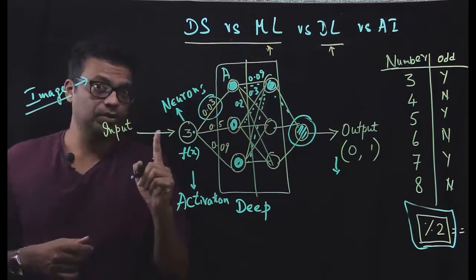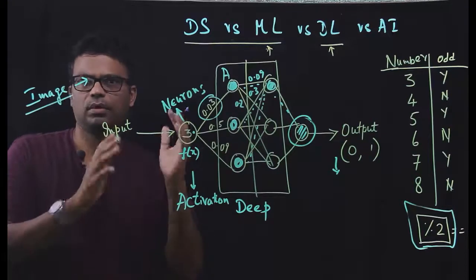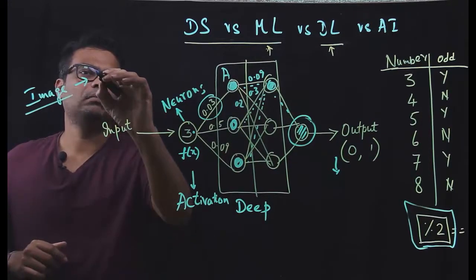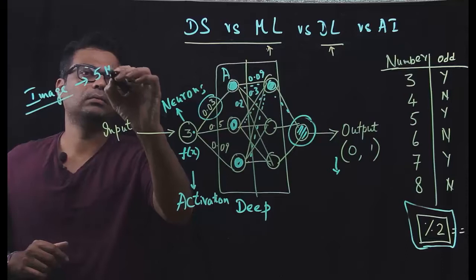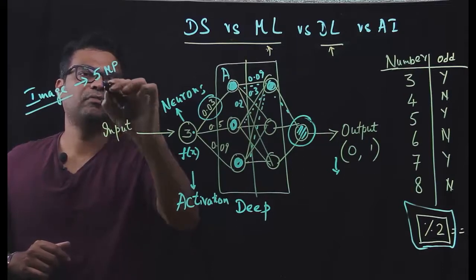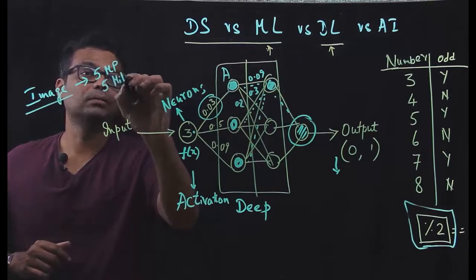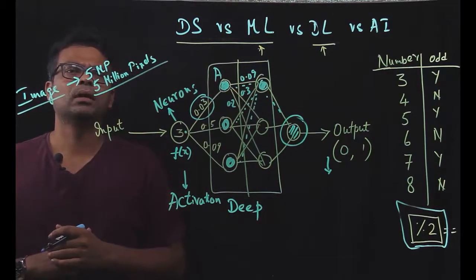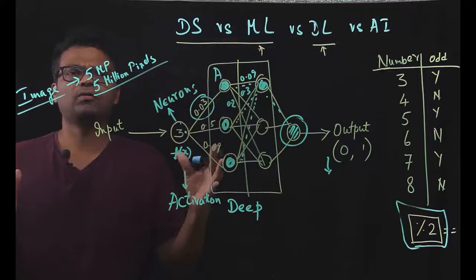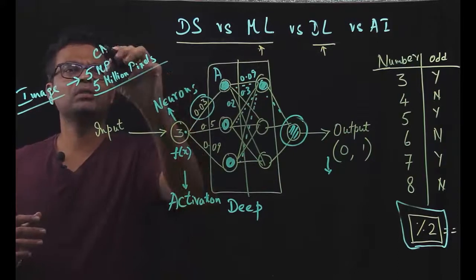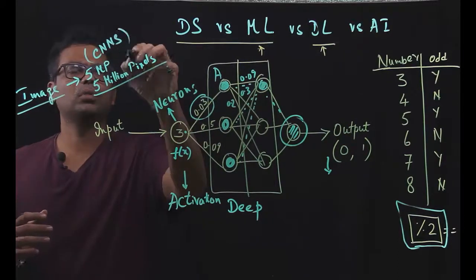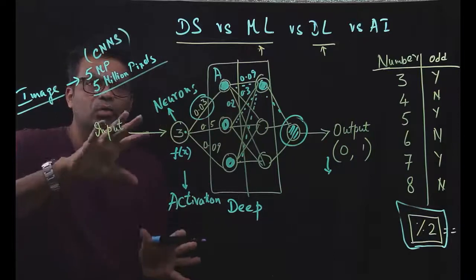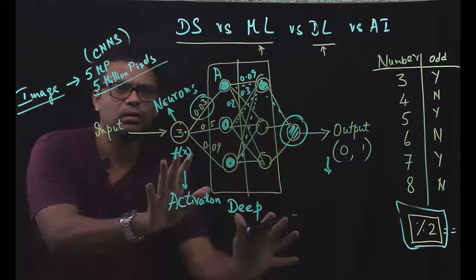A single image, maybe from the rear, could be, let's say, 5 megapixels. That's 5 million pixels. What can we do with 5 million pixels? Well, there is a whole lot of optimization that we can do here using CNNs, convolutional neural networks, and so forth. But the way it works is exactly similar.